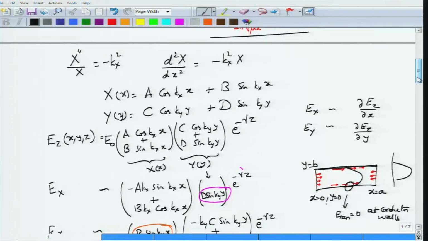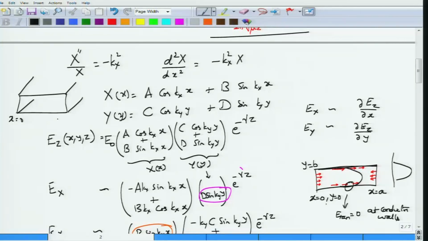Go back to the picture of the cross section. In this case, maybe the cross section does not really help, so you need to write down the wave itself. You will have this scenario, right? So this is your wave equation. You have two conductors here, one at x equal to 0 and one at x equal to a, and two conductors, one at y equal to 0 and one at y equal to b.